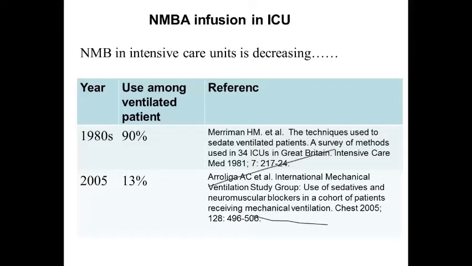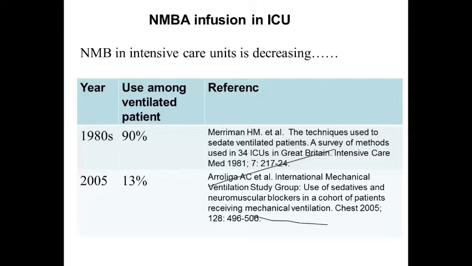Now, while we talk about this, it has been a problem since almost the 1980s. It has been shown that most of the patients in the ICUs, in one study almost 90% of the patients in the ICU, are paralyzed. People got more knowledge about neuromuscular blocking agents, about their problems, the issues, the side effects, the complications, and the mortality rate with their use, and they started to use them less than before.